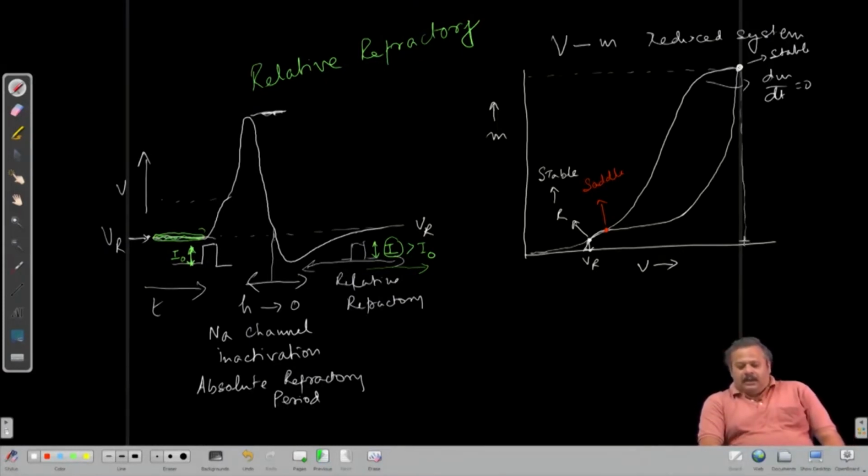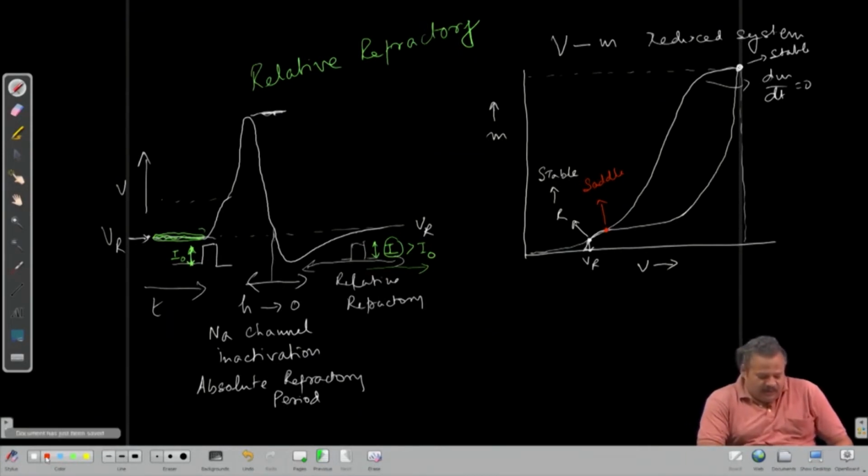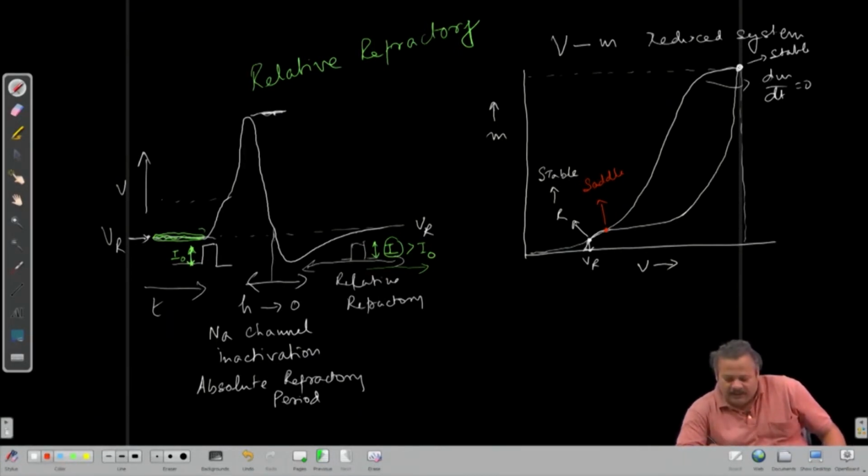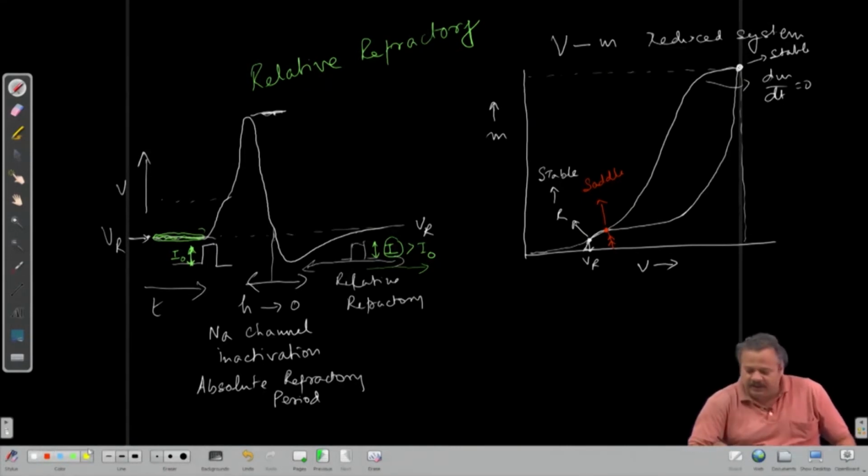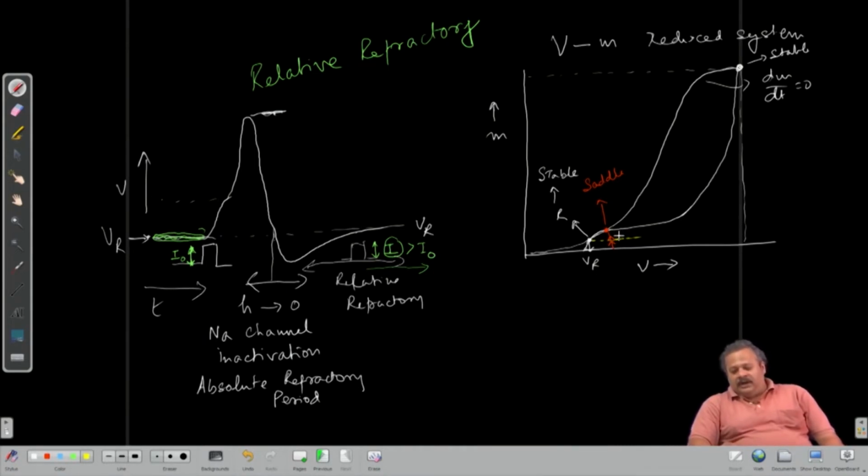In this kind of scenario, we have a threshold that is determined, as you know now, by the stable manifold coming in from the m equals 0 axis. If we consider this line along the resting membrane potential, wherever the yellow line cuts the red stable manifold, that's where the threshold is.